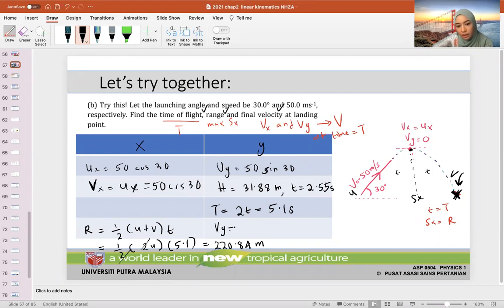So Vy, let's use the v equals u plus at equation. U plus at, oh sorry, it should be g. This is Uy minus gt. Now, my question is, what should be my time here? 2.55. 2.55, sebab apa?